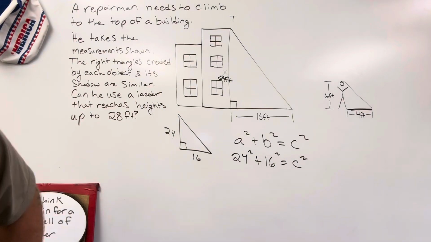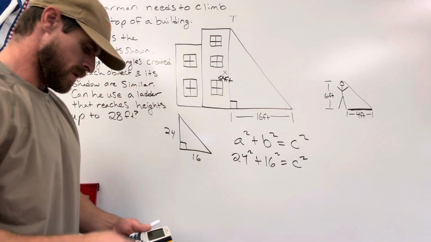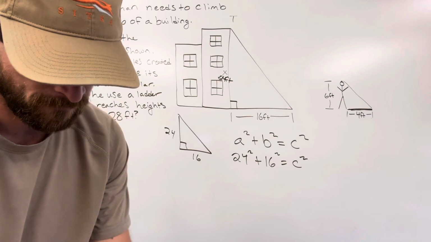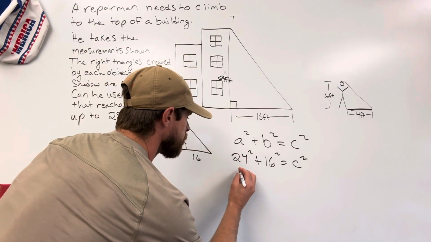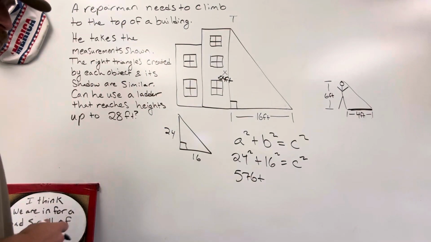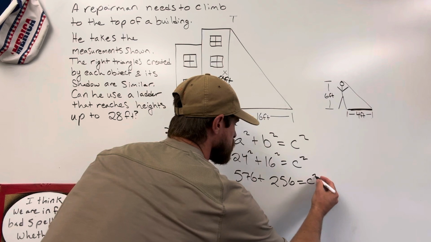Grab a calculator real quick for these. 24 squared, 576. 576 plus 16 squared, which is 256, equals C squared.